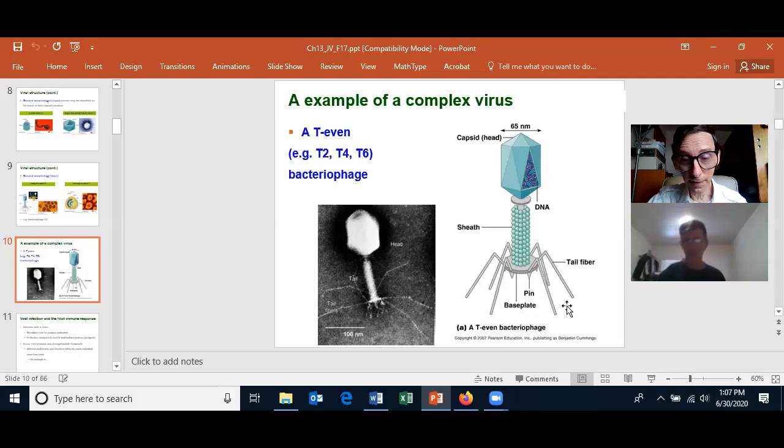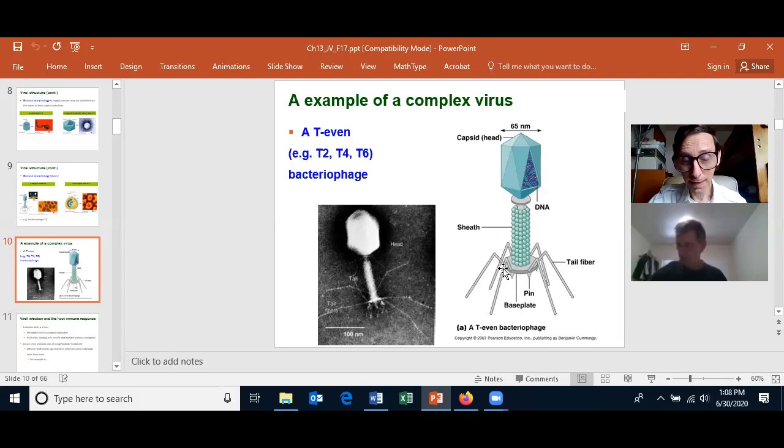The bottom of the tail fibers is where the virus actually attaches to its host cell, and the sheath and the base plate, as well as the rest of the tail part, is a structure for the virus designed to get through the cell wall of a bacteria.